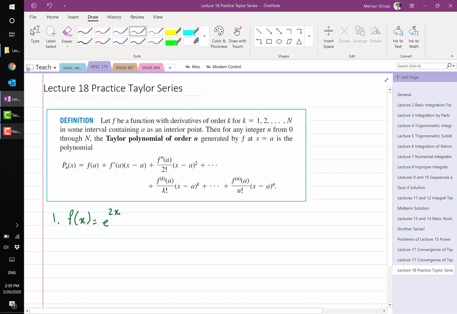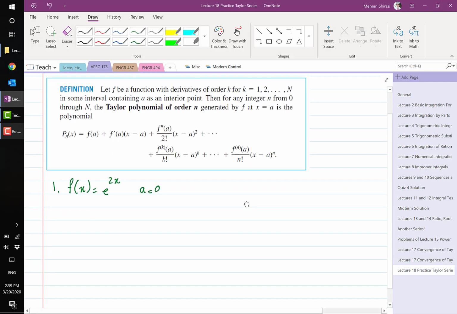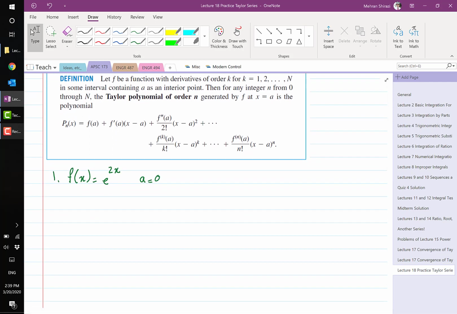That's what we are going to do now, and find the Taylor polynomial of order 0, 1, 2, and 3. The center in this question is given at 0, so it's a Maclaurin series.